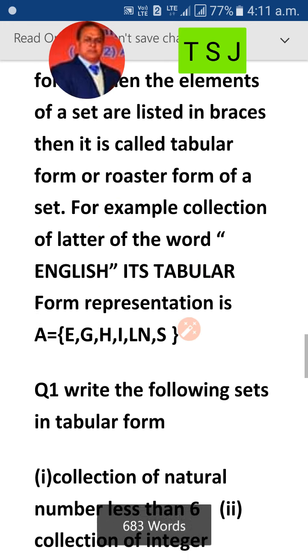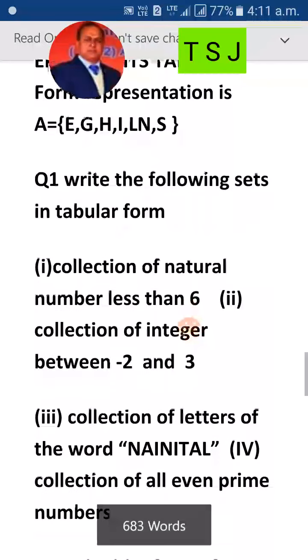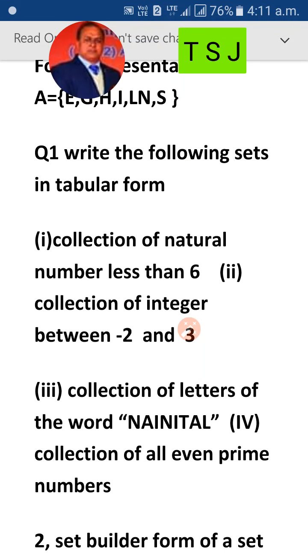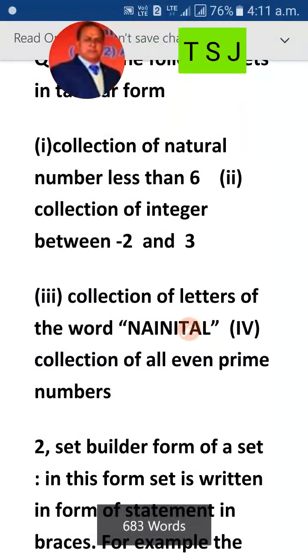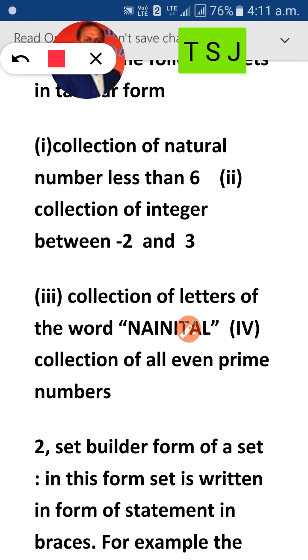A few examples are here. The collection of natural numbers less than 6, the collection of integers between -2 and 3, the collection of the letters of the word Nainital, and the collection of all even prime numbers. So you have to make a set in tabular form. Then you will write A equal to braces.